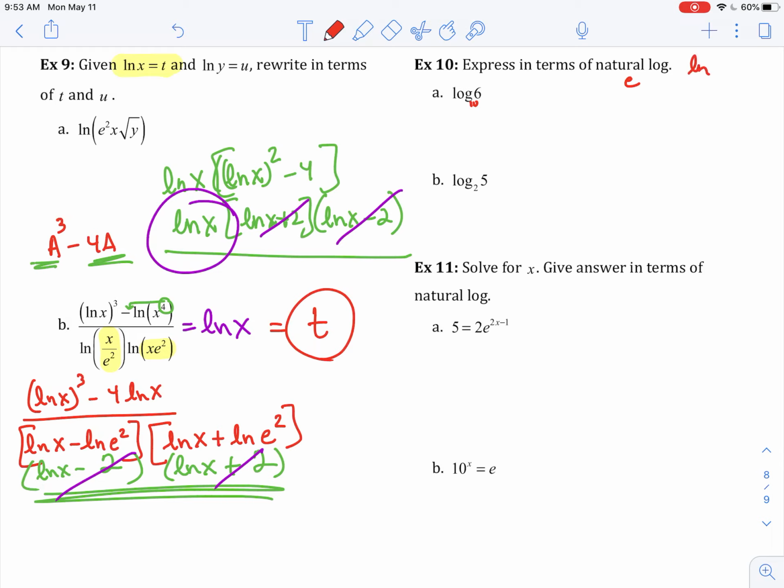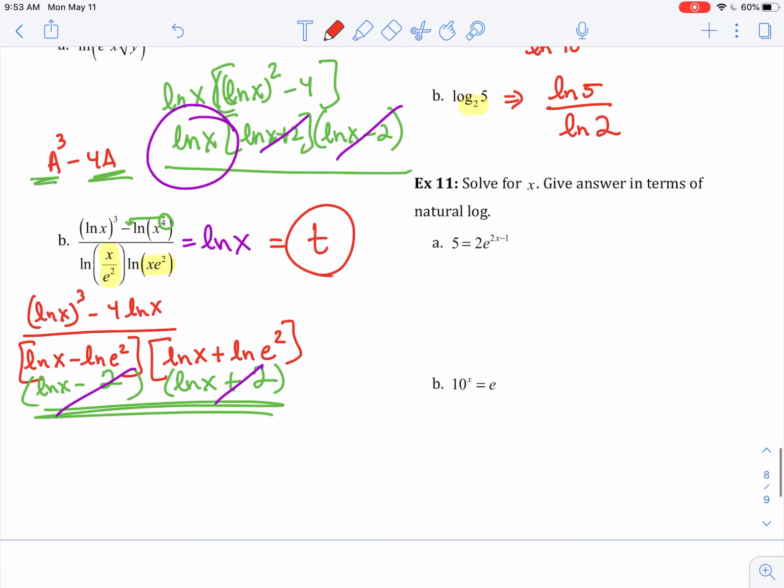And so now the log of 6 base 10 would be the same thing as the natural log of 6 divided by the natural log of 10. On B, we have base 2. We want to switch to natural log, base e. So the log of 5 base 2, if I do a base change, would just be the natural log of 5 divided by the natural log of 2.